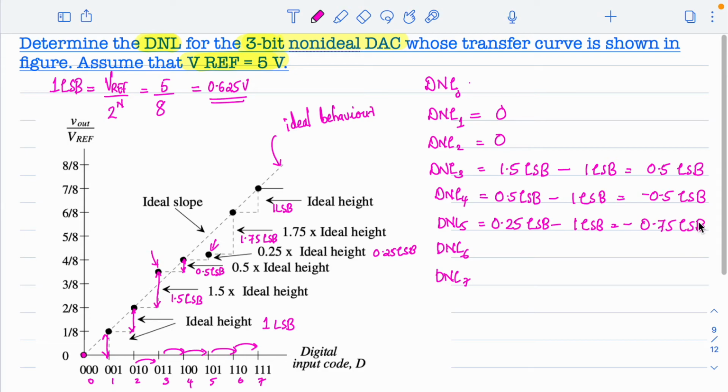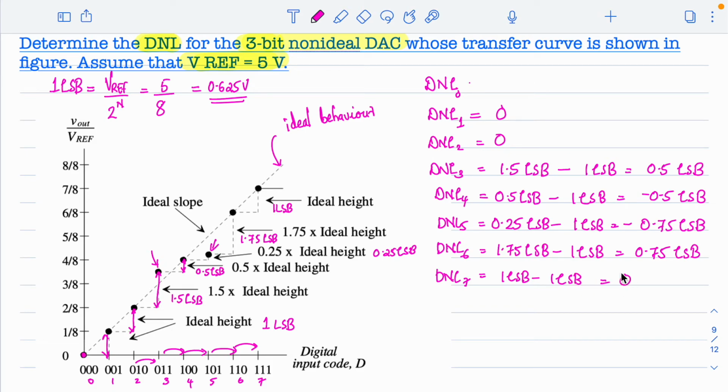Looking at DNL 6, the height is 1.75 LSB minus 1 LSB, which is equal to 0.75 LSB. And finally for DNL 7, the actual height is 1 LSB and the ideal height is also 1 LSB. So DNL of 7 is equal to 0.